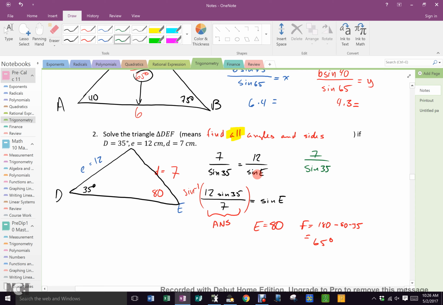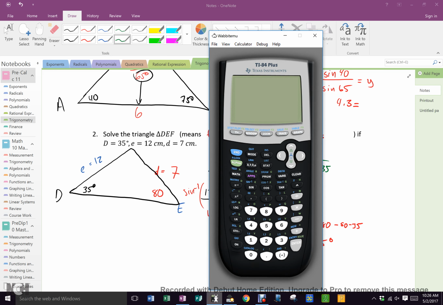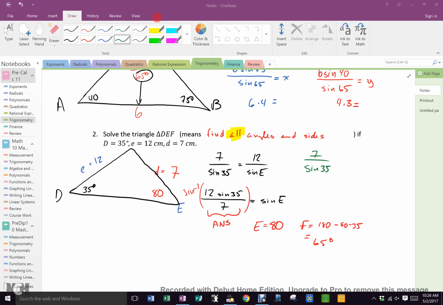One sec, Michaela. No, go ahead. By pushing on your calculator, you need to push mode, and make sure degree is highlighted. No problem.